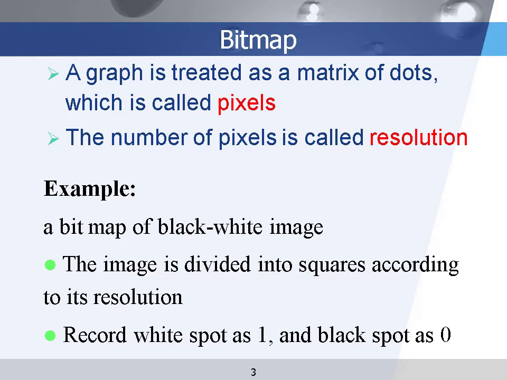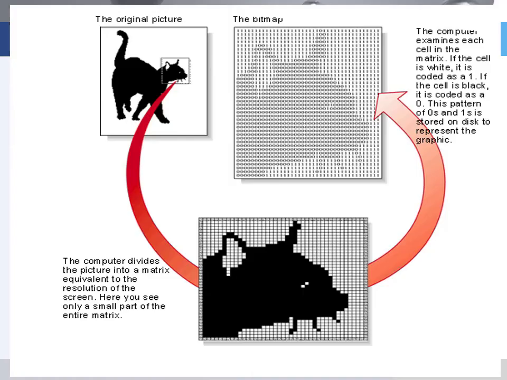So in this image, it only has two colors, black and white. So it is quite easy to represent the image using binary, because for each pixel, we can use one bit to represent the color. So this is the original picture, and it is a black-white image.